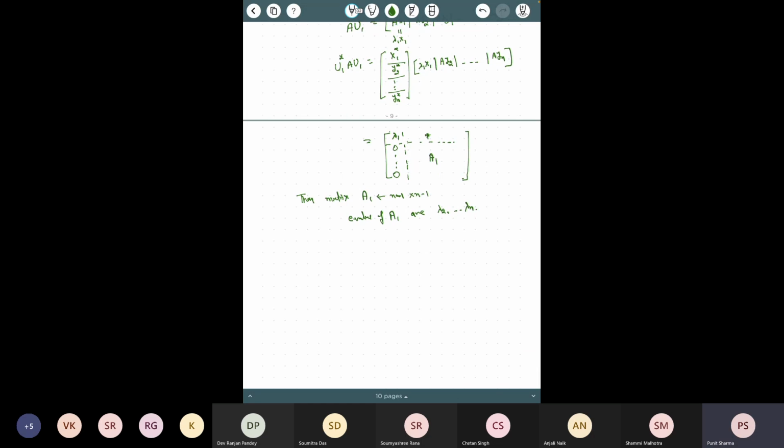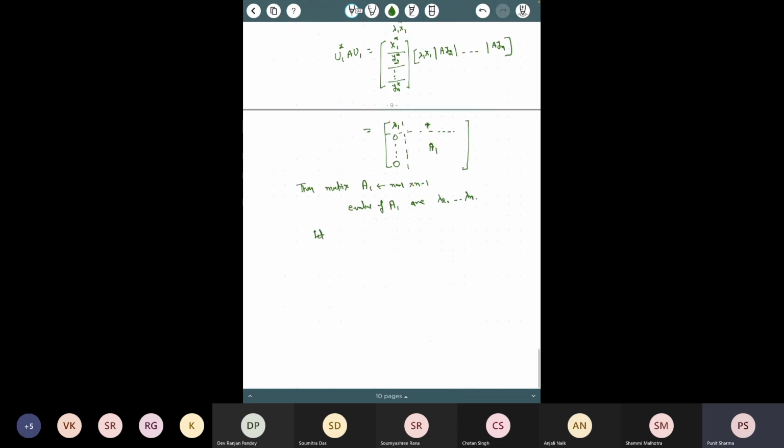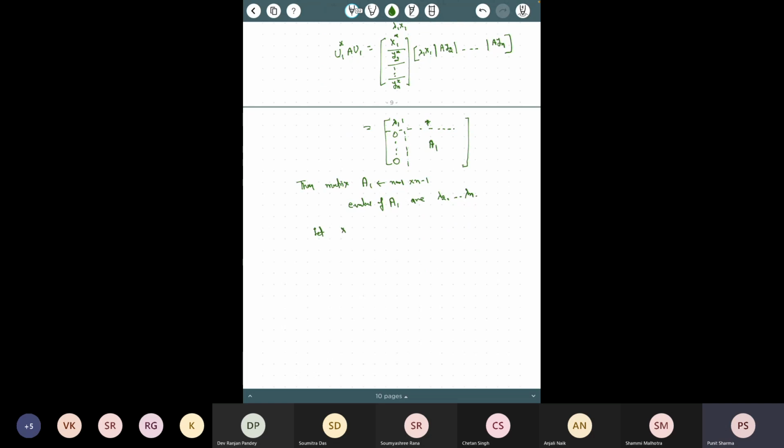So what I will do now is exactly the same thing. Whatever I did for A, I'll do for A1. I will choose x2, which is non-zero, in C^(n-1), such that A1 x2 is equal to lambda 2 x2, and norm of x2 is equal to 1.